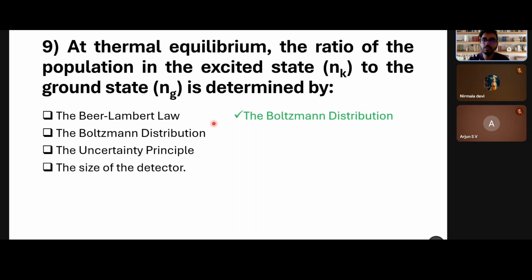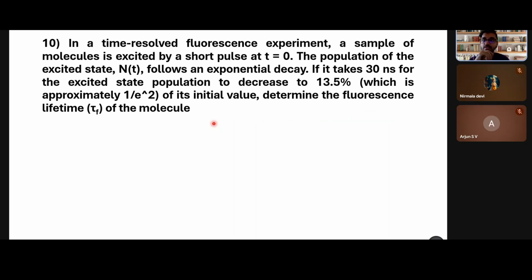And we'll go to the last discussion problem for this week's lectures. This is a numerical answer question, which I want you to work out. The question goes as follows. In a time-resolved fluorescence experiment, a sample of molecules is excited by a short pulse at t equal to 0.